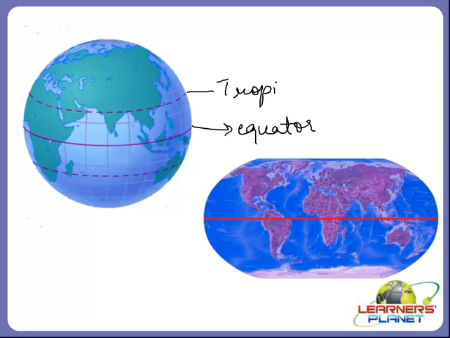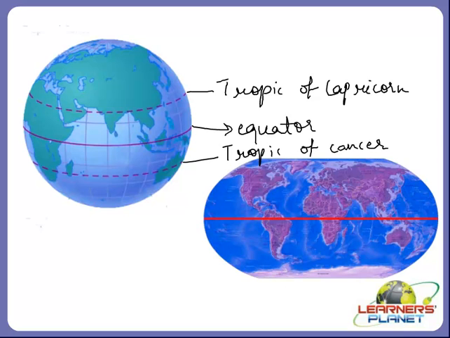This is Tropic of Capricorn, and this dotted line is Tropic of Cancer. Even this is the world map, and this line is the equator.